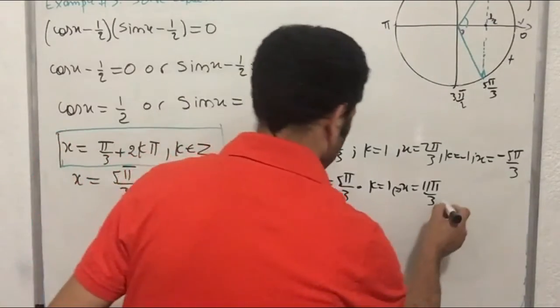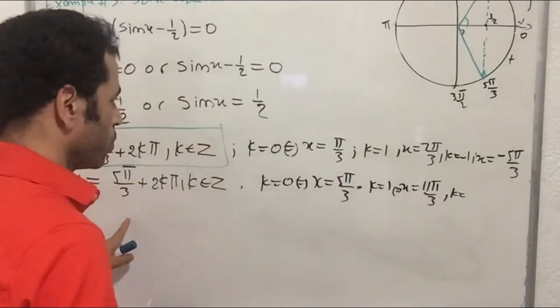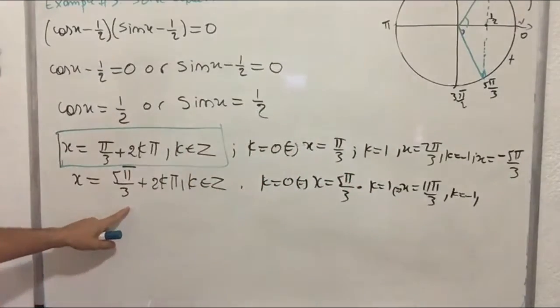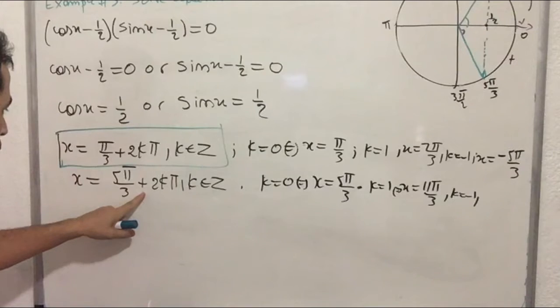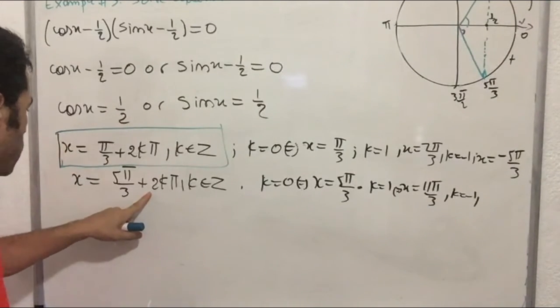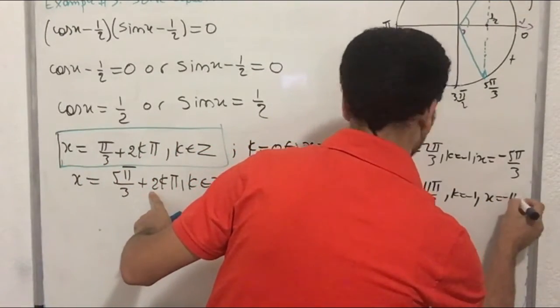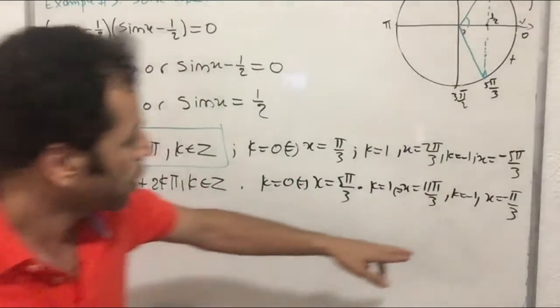So let's put k equal to minus 1. That means 5 pi over 3 minus 2 pi, x equals minus pi over 3.